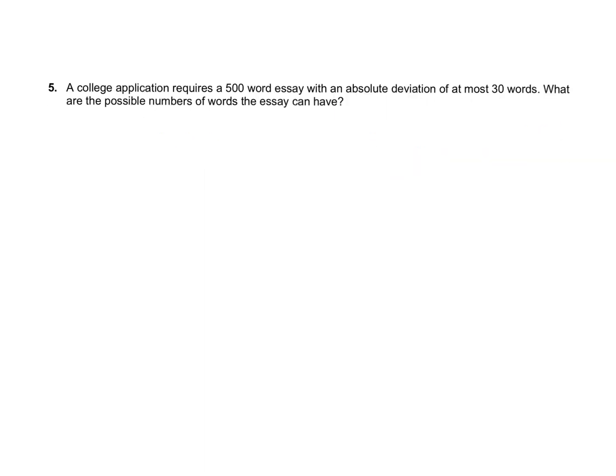All right, and a college application requires a 500-word essay with an absolute deviation of at most 30 words. What are the possible numbers of words the essay can have? And so if I were to write this as the absolute deviation, I'd have x minus 500 can be at most, which would be less than or equal to 30 words.